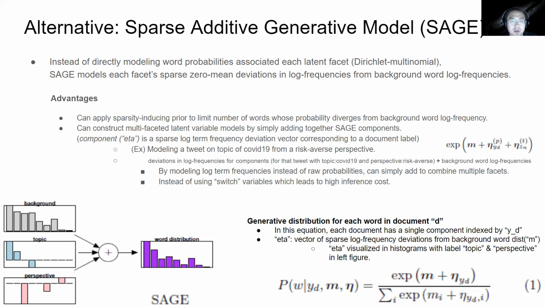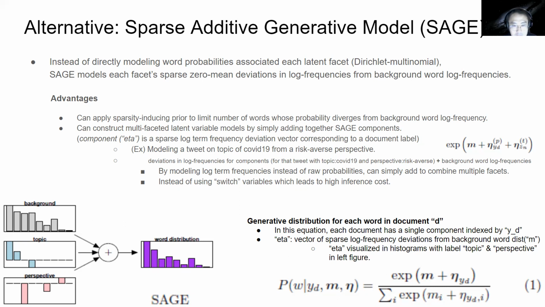And then for that topic, which is facet 1, it would have some kind of log frequency deviation from the background. For example, for this topic of COVID-19, a word like grocery might have a stronger deviation from the background.